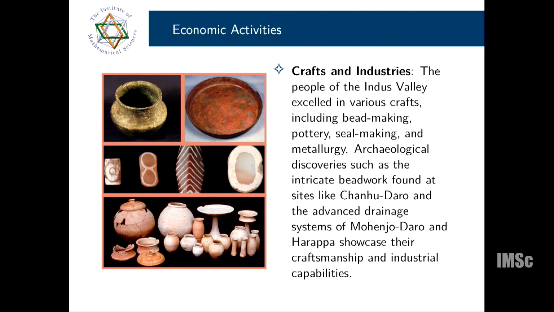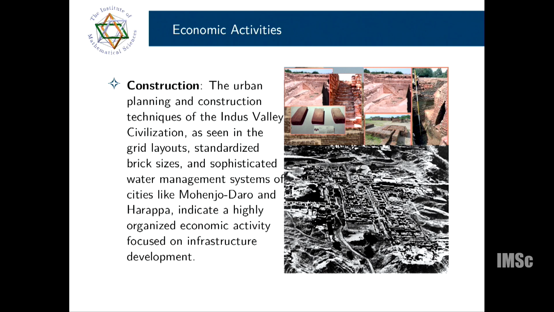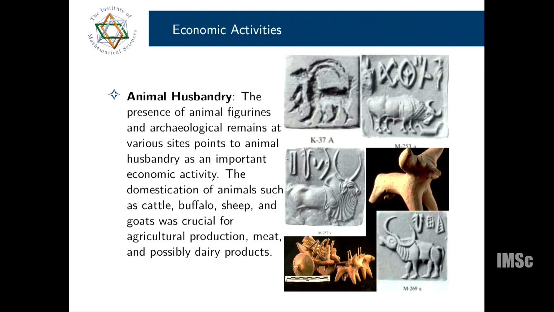Some people were only involved in this kind of work, some people were working other kinds of works. Construction, for instance: as I told you, they had a grand city plan and grand infrastructure. If you have grand infrastructure in your city, obviously some people are dedicated to the construction part. So you can understand that these kinds of possible economic activity might have been happening during the period.